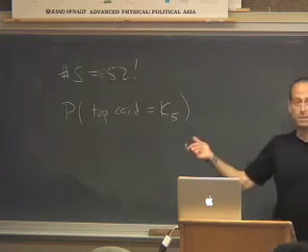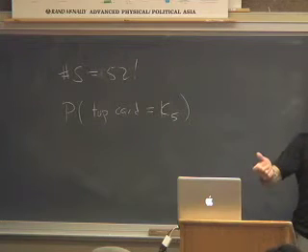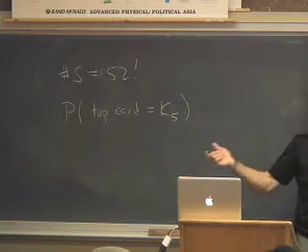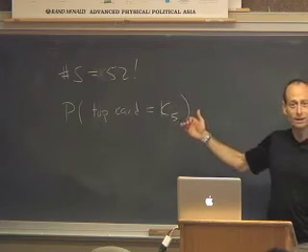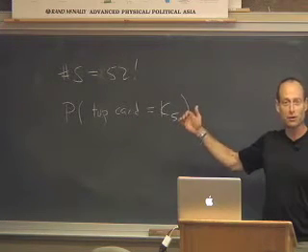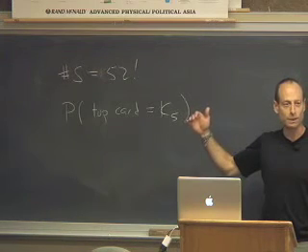Well, I could have the king of spades first and then the 2 of diamonds second. I could have the king of spades first and then the 3 of clubs second. And then there's a whole bunch of outcomes of shuffling that have the king. If it were only one out of 52 factorial that had the king of spades first, the probability of the king of spades first would be microscopic, right?